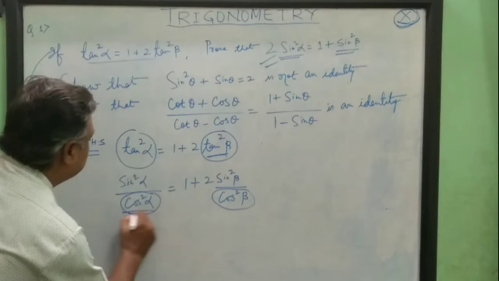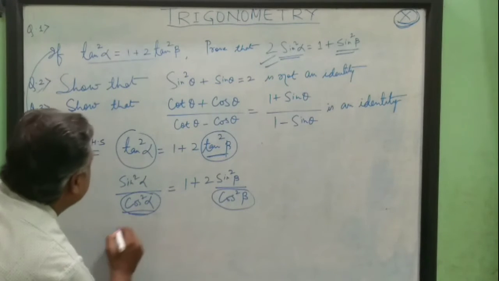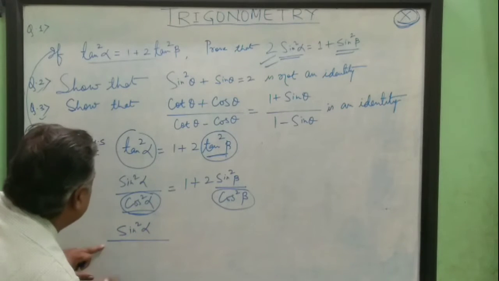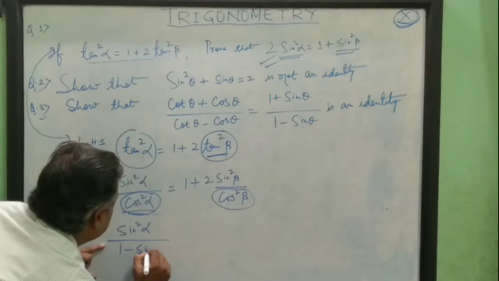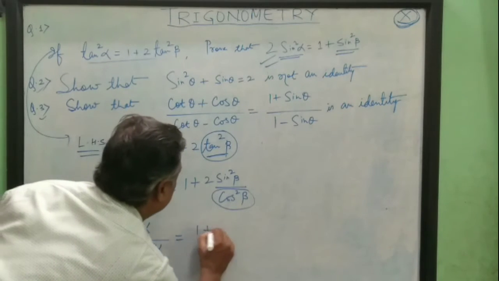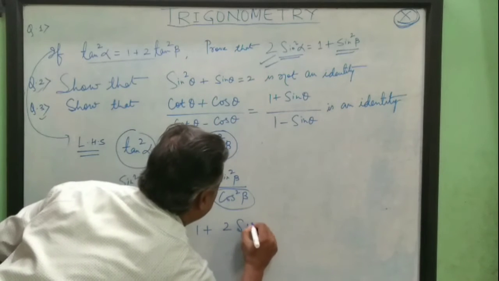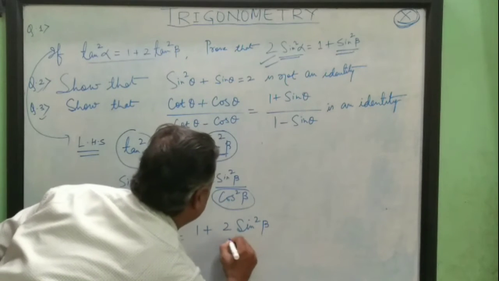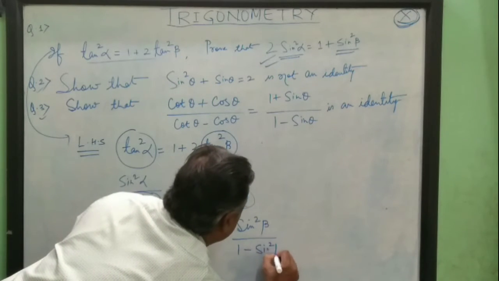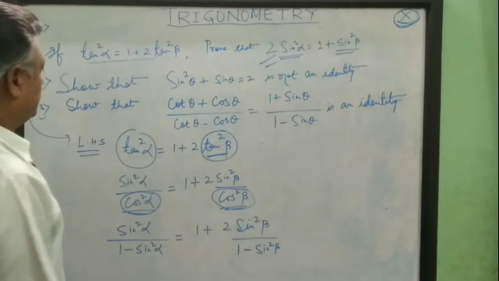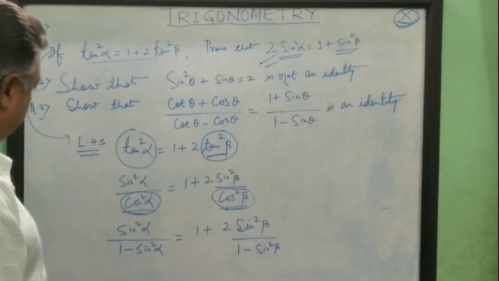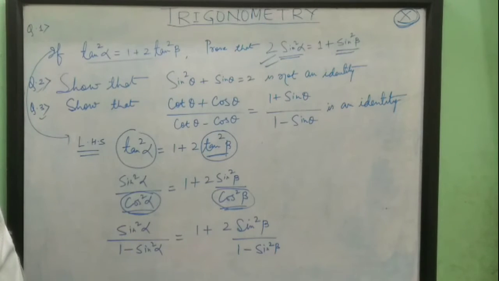So convert this into 1 minus sin square alpha. So sin square alpha divided by 1 minus sin square alpha is equal to 1 plus 2 sin square beta by 1 minus sin square beta.